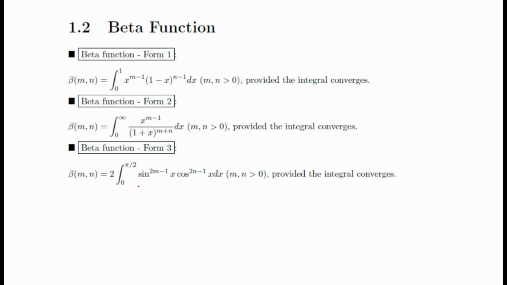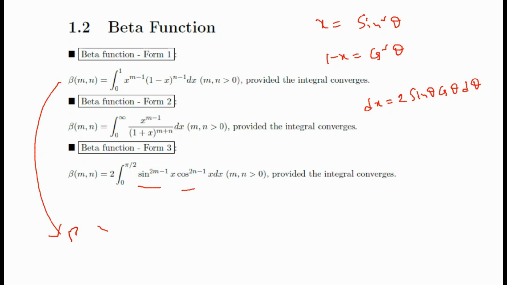Now, form 1 to form 3. Here, as you can see, this is sine and cos. So x equal to sine square theta if we put, then 1 minus x equal to cos square theta, and dx equal to 2 sine theta cos theta d theta. And you can see from here you can get beta m n equal to, now if x equal to 0, then also theta equal to 0, and if x equal to 1, then theta equal to pi by 2.